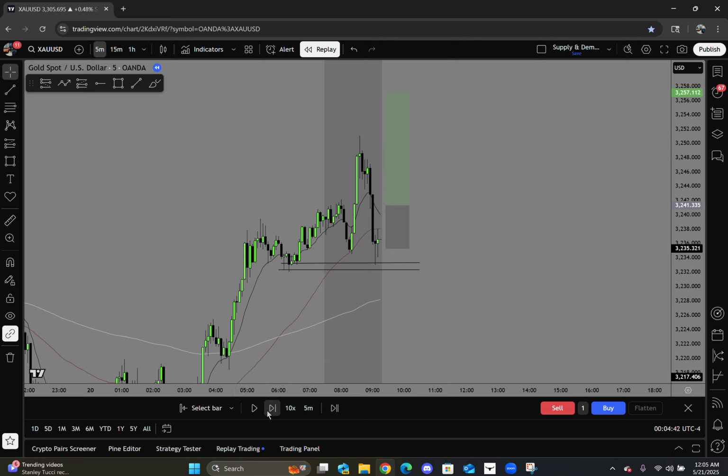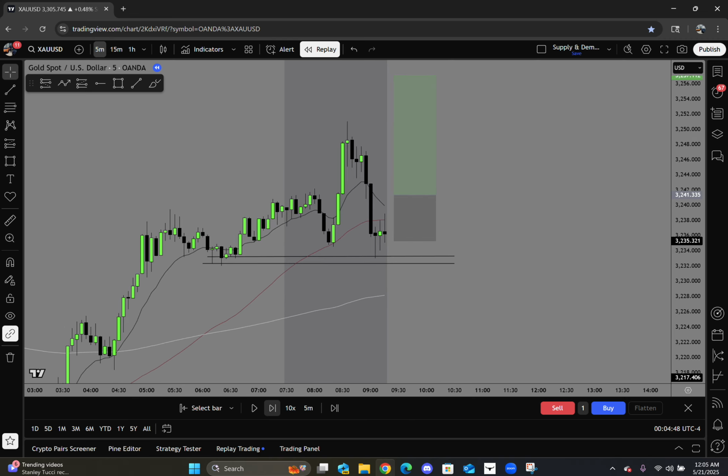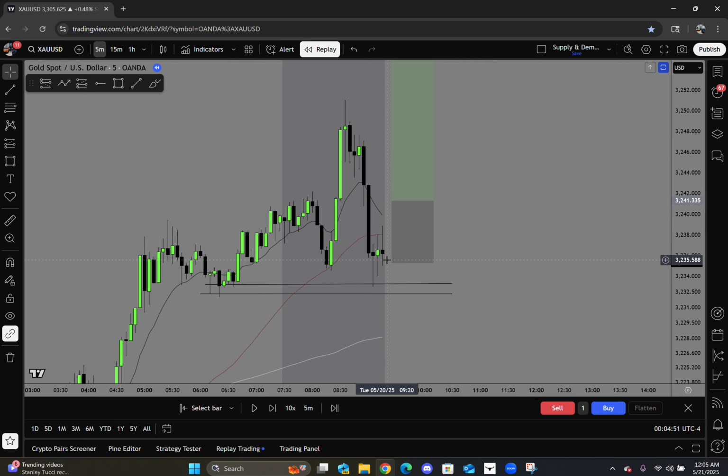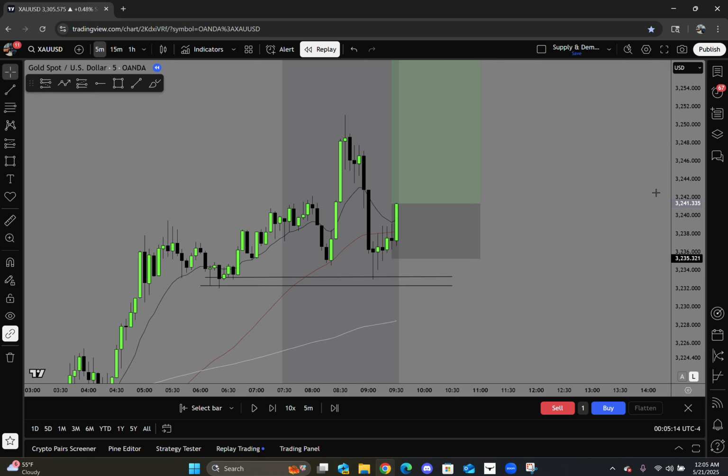Price kept rejecting from that zone and giving us these candles, right? With these wicks on the bottom that's showing price is rejecting, doesn't want to push down, right? And then right here, price gave us this big bullish candle that broke this 13 MA. So now that 13 MA break confirmed my entry for buys, right?